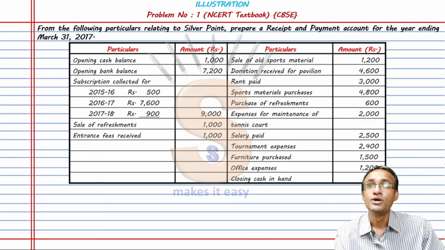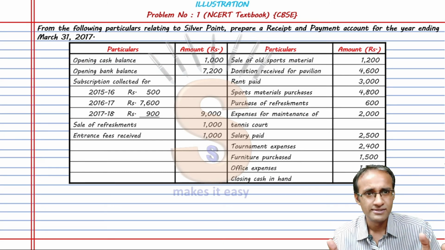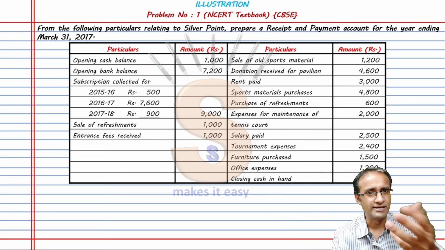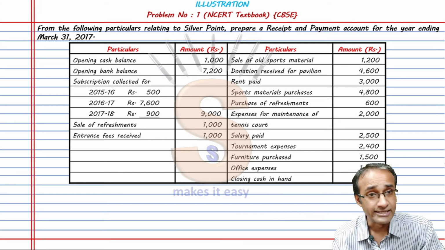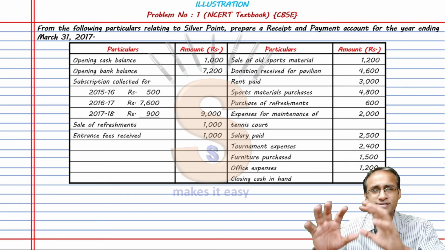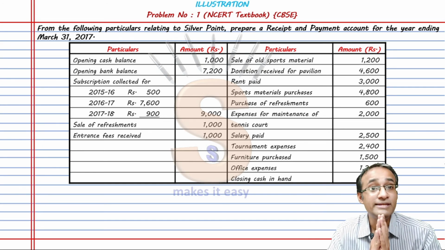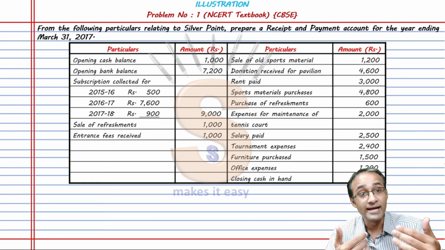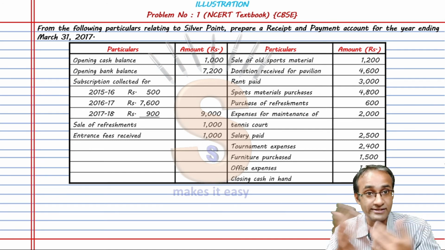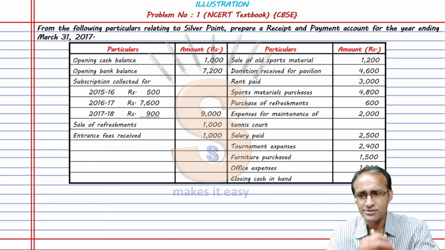Next, donation for pavilion. It's a sports club, there will be a ground, there will be various pavilions. If you have watched cricket matches or football matches, there are always big stadiums and different pavilions named behind maybe cricketing greats if it's a cricket stadium.